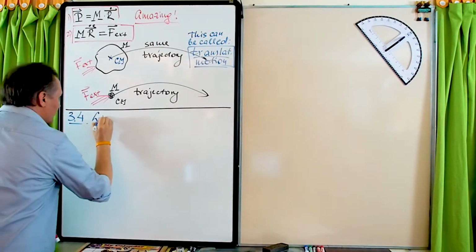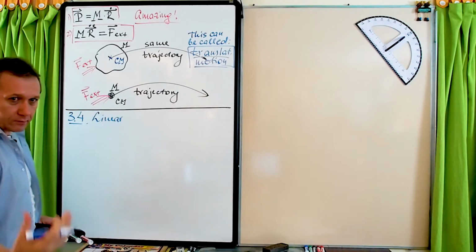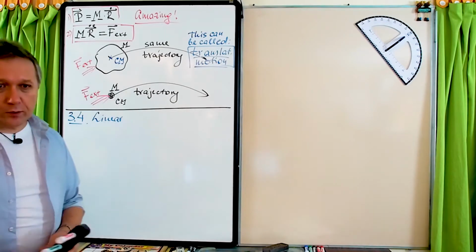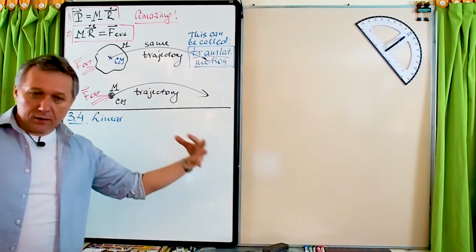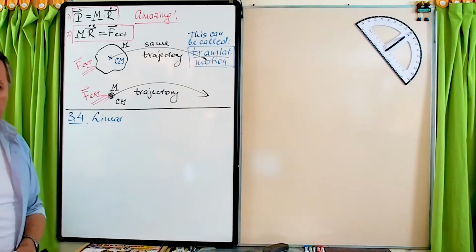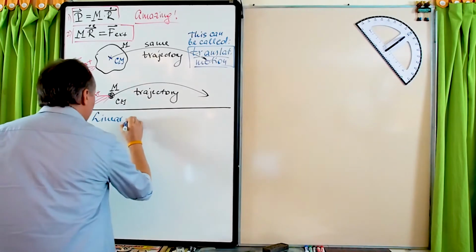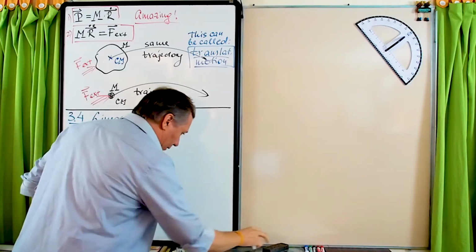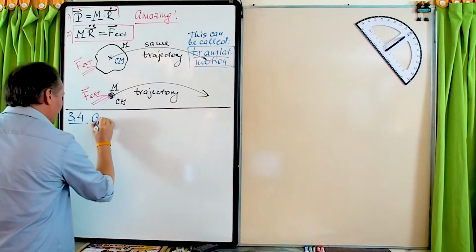And of course, first we need to introduce it for a point mass, because all the new quantities, new ideas are usually introduced for a point mass, and then we can apply that to a multi-particle system, a rigid object, and so on. So angular momentum.